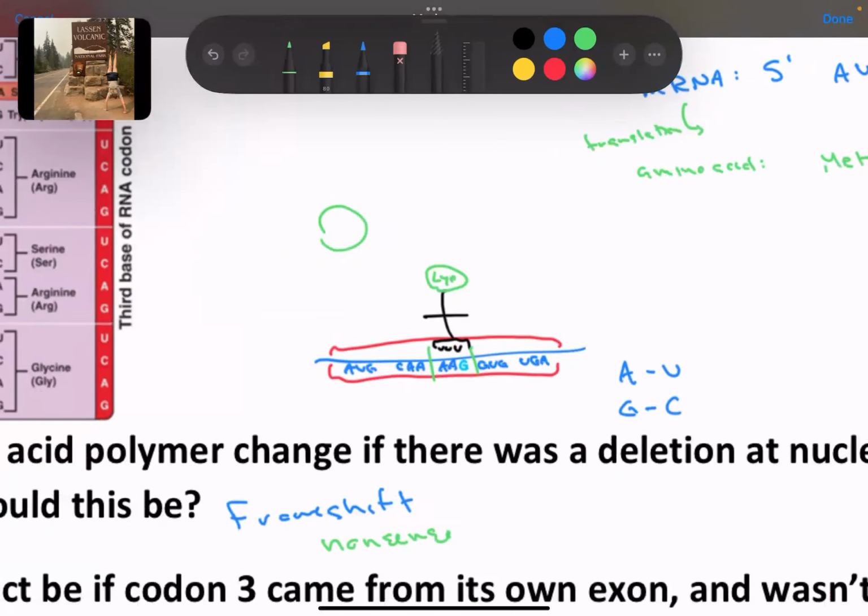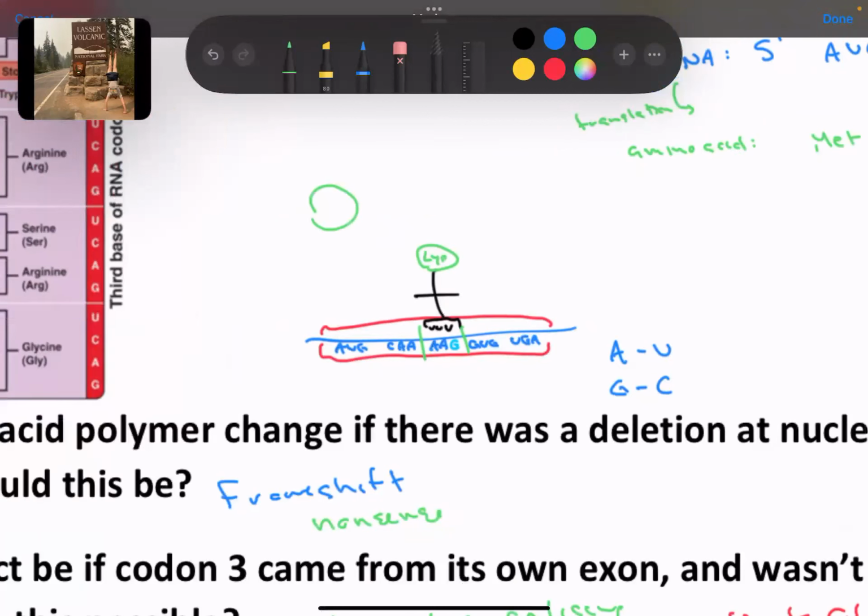And the thing is, we can't forget that these are all actual chemicals, and they exist in three-dimensional space. Why isn't this working? Okay, they exist in three-dimensional space. We know that A and U pair together nicely.